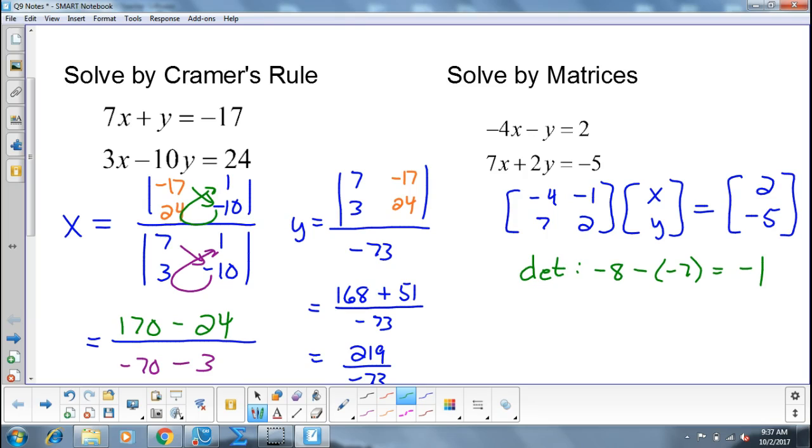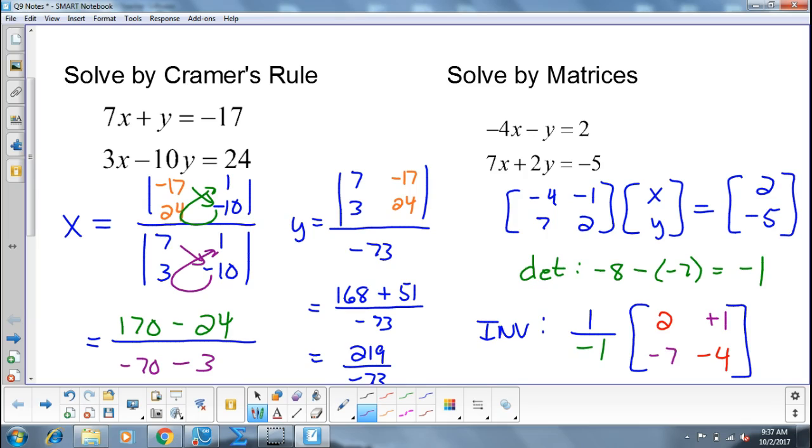So then the inverse is going to be 1 over negative 1 times the matrix, and I switch the entries on the main diagonal, and I negate the entries on the other diagonal.